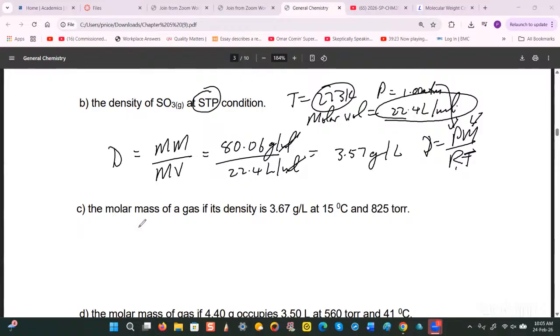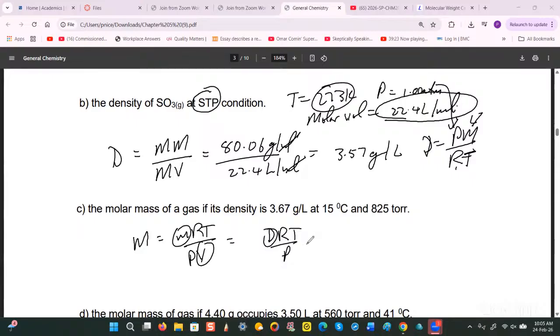So the formula that comes to mind is molar mass is equal to MRT over PV. Another way of stating this is molar mass is equal to DRT over P, because M over V is the density. So these are two ways of doing the same thing.